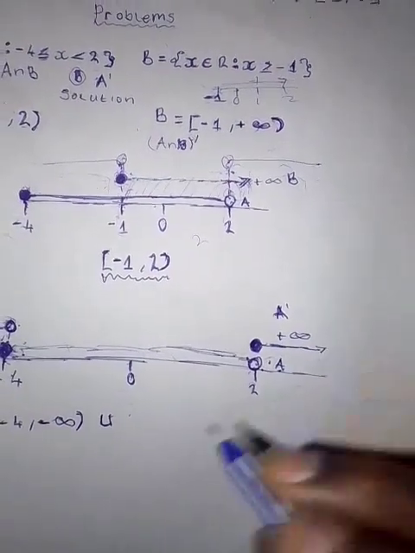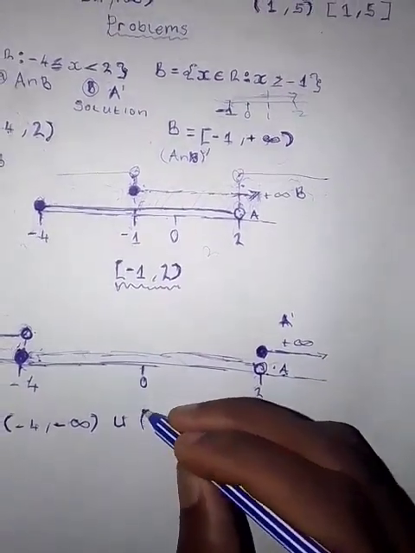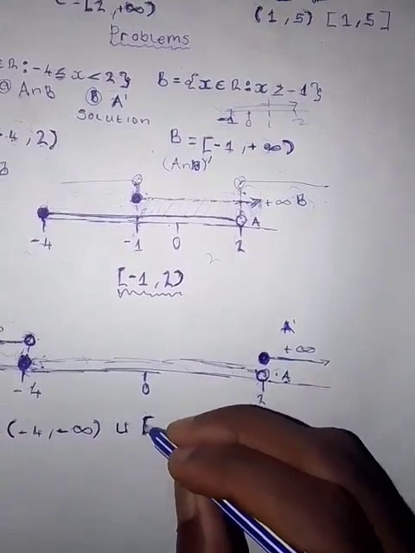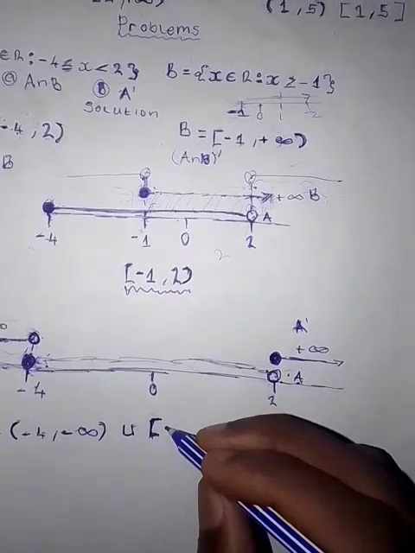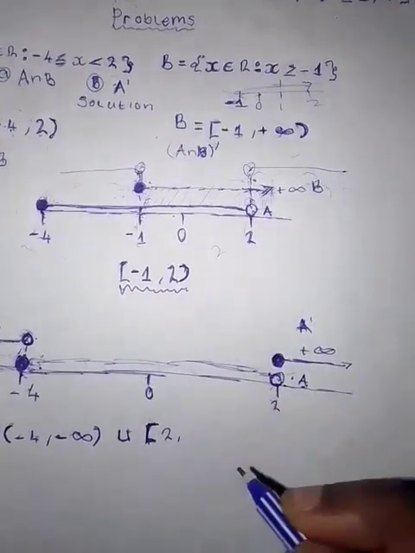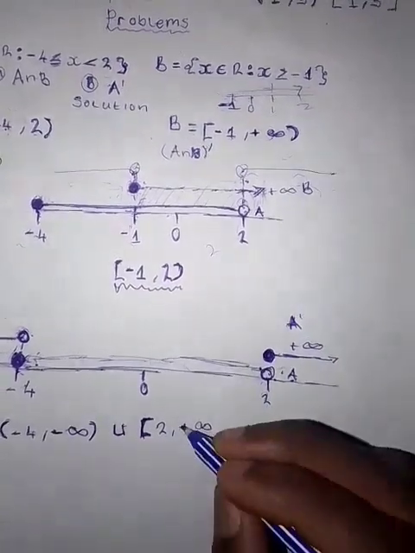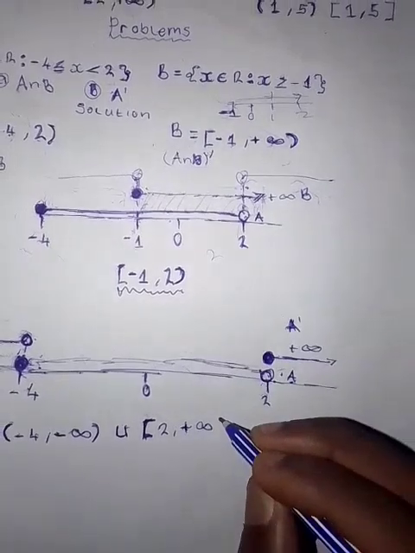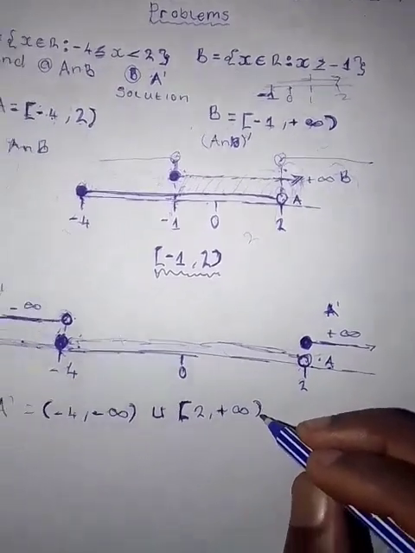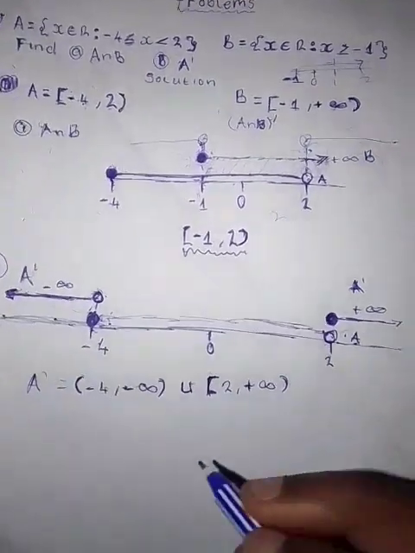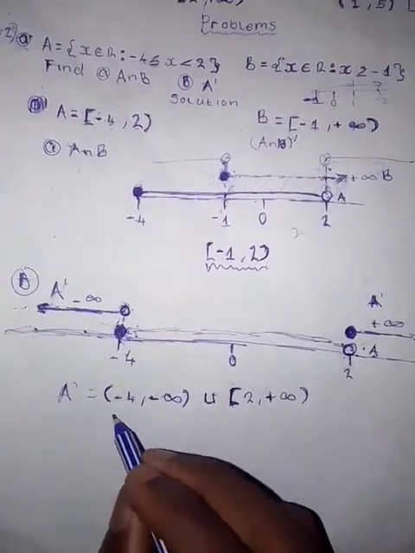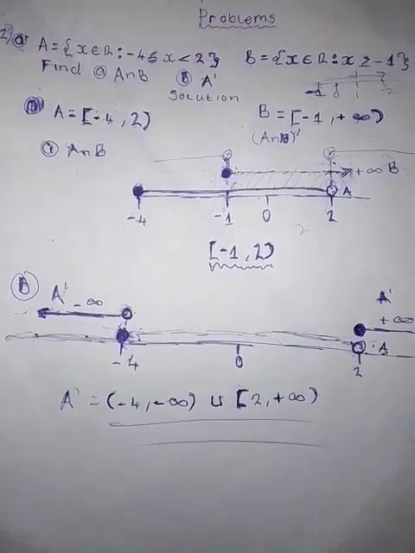So we're going to say 2. Remember, it is shaded, so it's going to be a square bracket, 2, comma, positive infinity, like this. Always, when you're dealing with infinity, it shouldn't be part of the set. So this is how you solve. This is the final answer. Then you even get the 4 marks here.